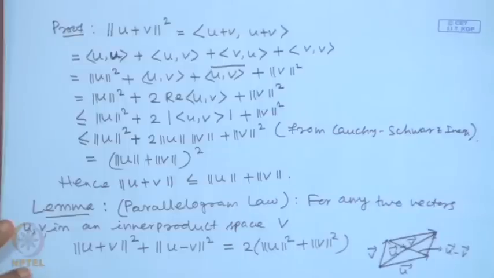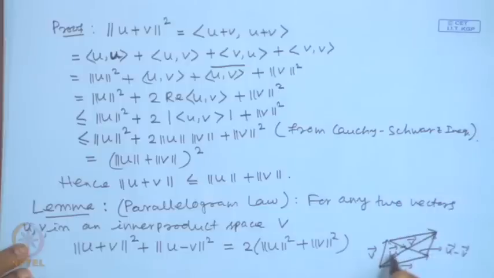So, this parallelogram law says that the sum of squares of two diagonals is equal to the sum of the squares of all four sides.